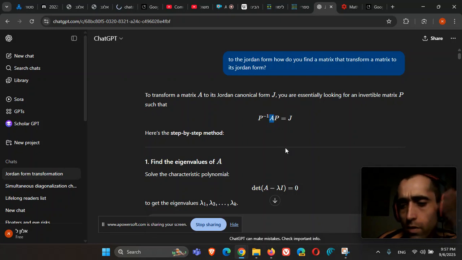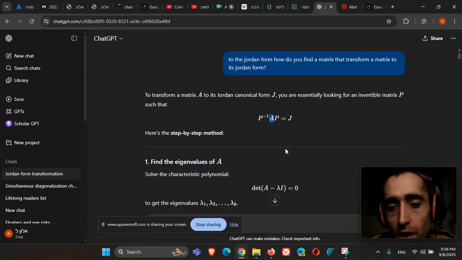If it's diagonalizable, it's very easy, like diagonalization: you find the eigenvectors, put them in the columns, and this is P. But if A is not diagonalizable, you will need to do the chain of generalized eigenvectors as we saw, and this is how we find the P matrix to get from A to the Jordan form.